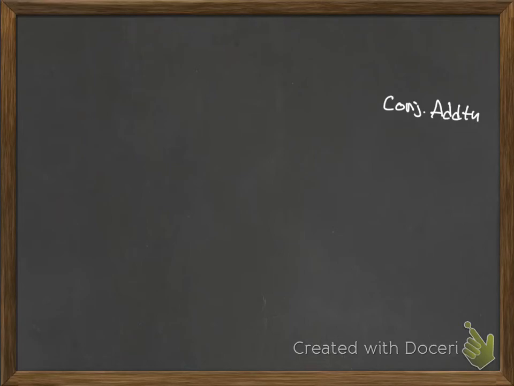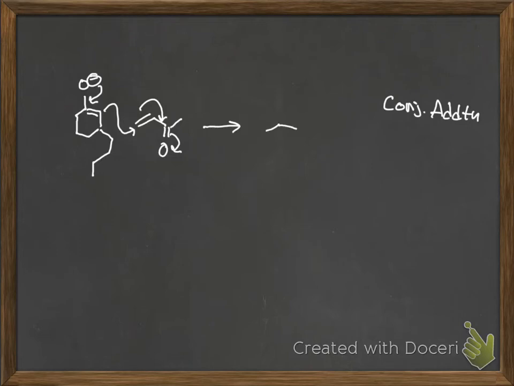Which involves this. We'll go with the Gilman adding product again. And so we've got this. And once again, until you add a protic source, water, alcohol, or acid, it's going to stay as an enolate. So now we do this. And we're here.